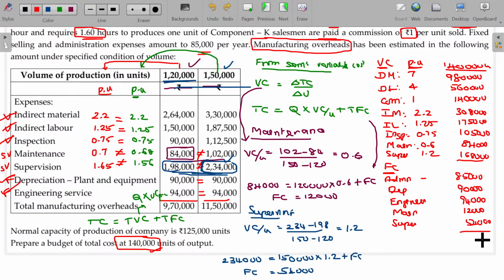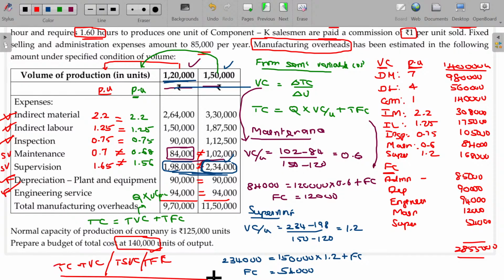You can calculate the total cost. I'll get the total cost directly, 28 lakhs 55,000. Or you can show total variable cost, total semi-variable cost and total fixed cost. Okay. Then you can get the total cost of all the three. That way I solved the question, but it's not clearly asked in the question. So I followed the variable as well as fixed cost version.